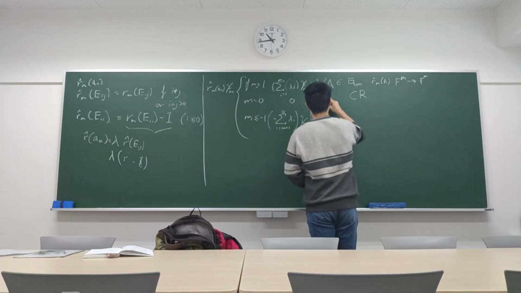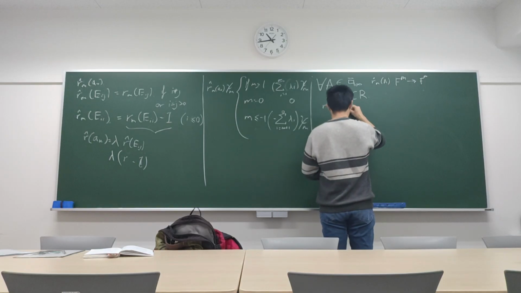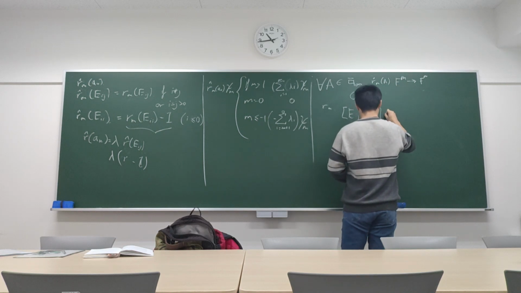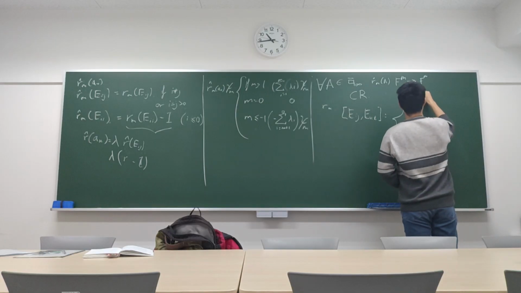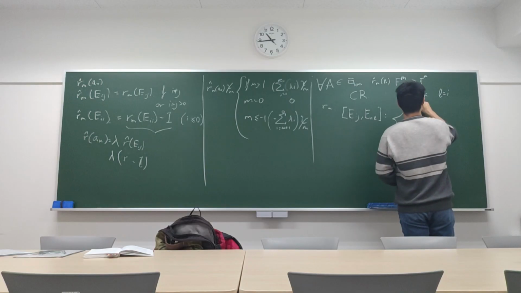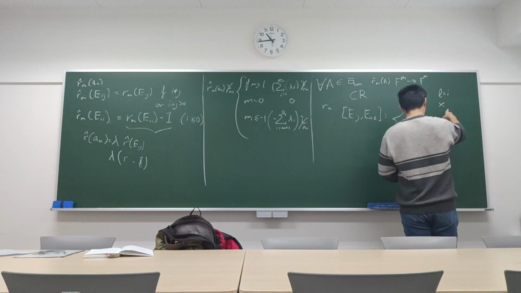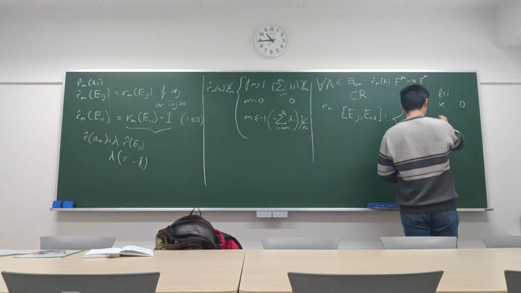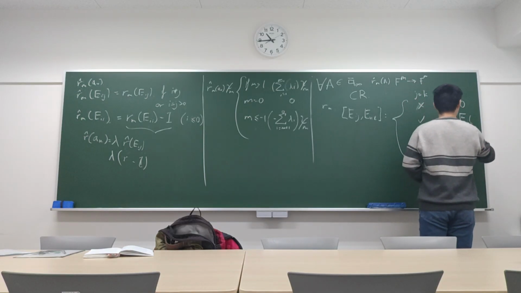For R_M without the cap, the original commutation relations explicitly are such that, for E_{ij} and E_{kl}, if j equals k and if l equals i, okay, if they are both not equal, then you have 0. If one is equal and the other is not, then you have E_{il} and the opposite.